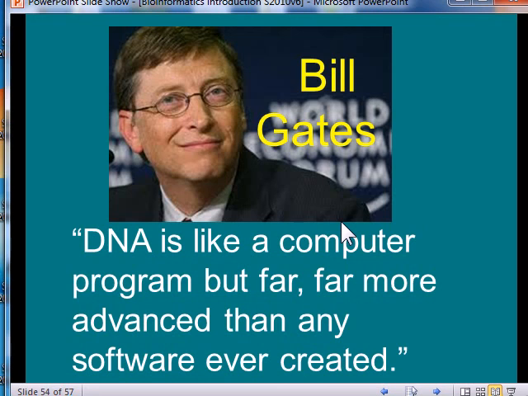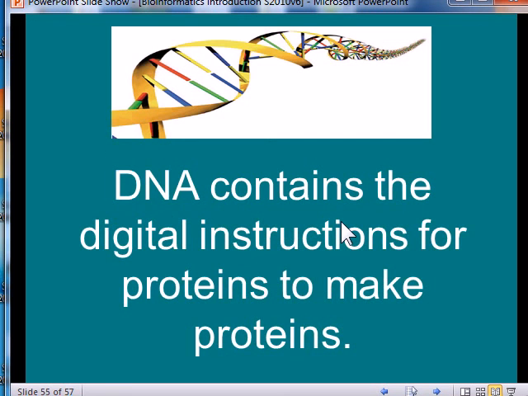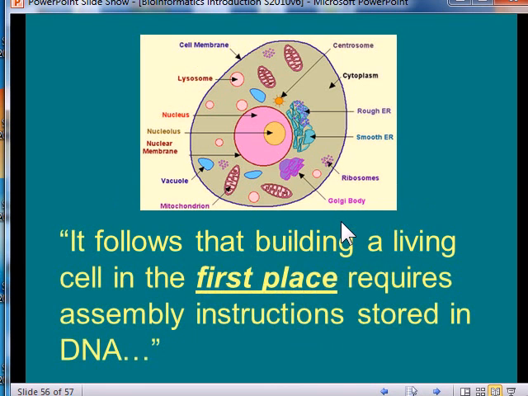DNA is like a computer program, but far, far more advanced than any software ever created. DNA contains the digital instructions for proteins to make proteins. It follows that building a living cell in the first place requires assembly instructions stored in the DNA.